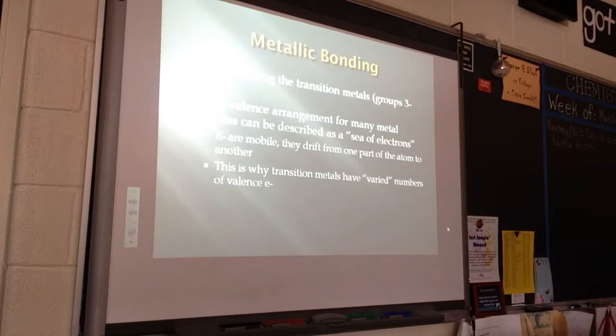We can look at the transition metals, we know they lose electrons and become cations with positive charge. But if I look at iron right now, it's got one valence electron, but iron can have two, can have three, can have four. Well, why is that? Iron doesn't change the number of electrons it has. Those electrons don't behave in an ordinary way.